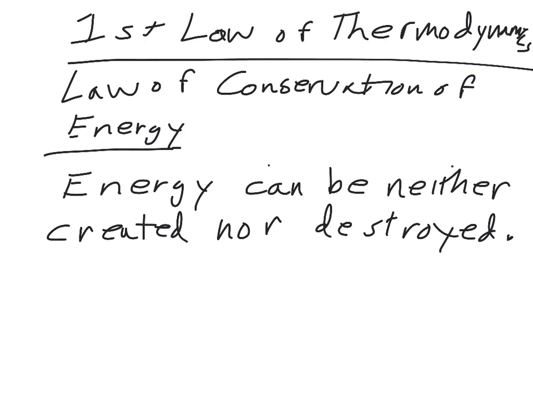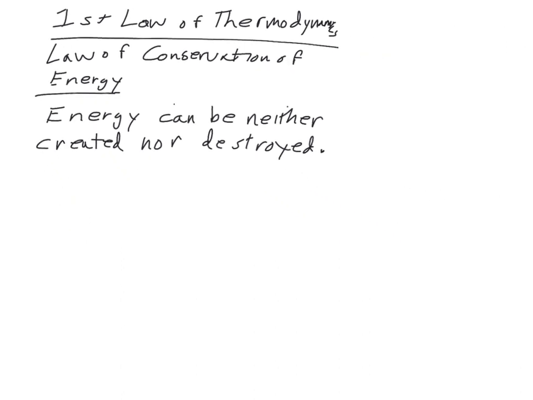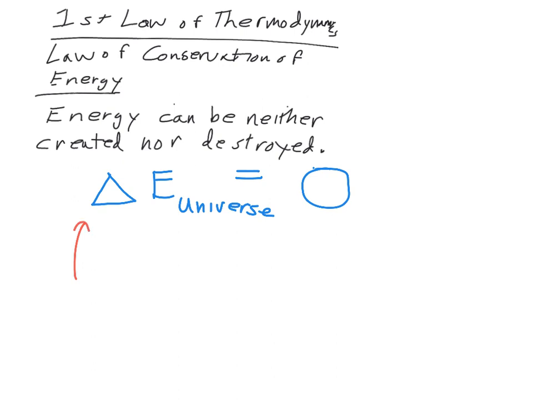So how can we put the fact that energy can't be created or destroyed into mathematical form? We do it like this. We say that the change in the energy of the universe is equal to 0. For the first time here, I've probably used a triangle.